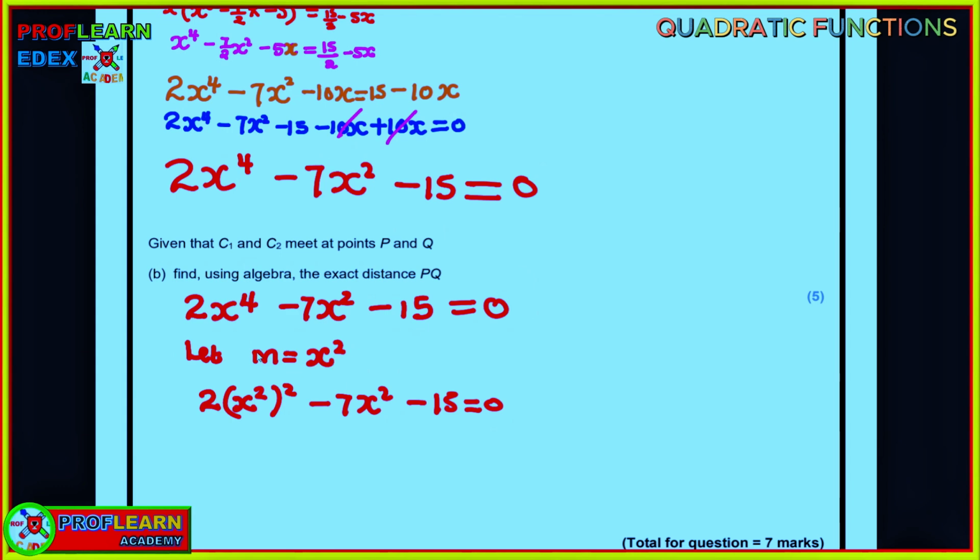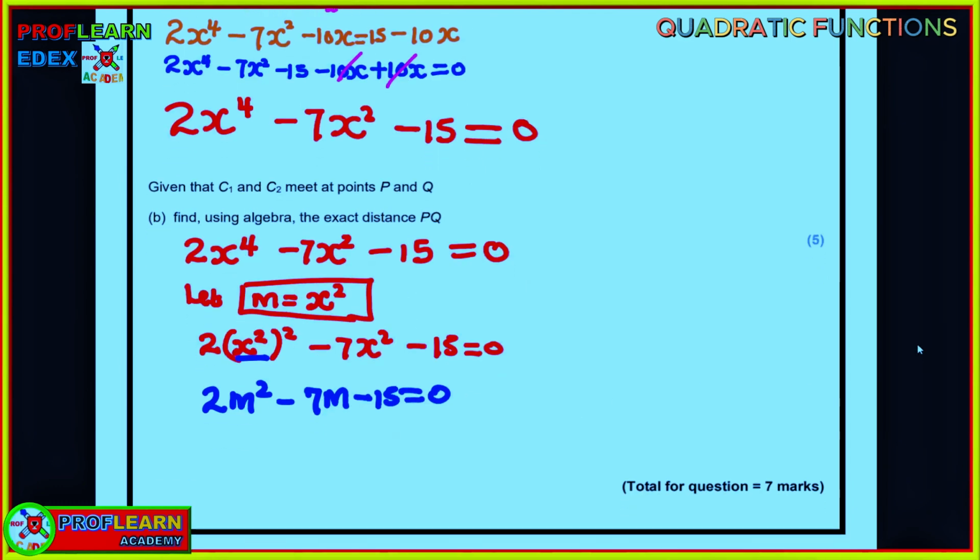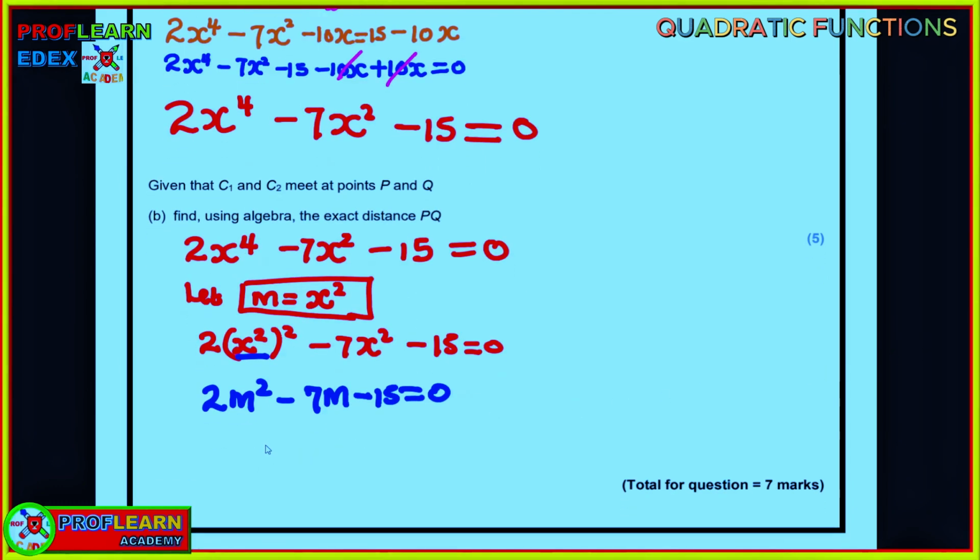Since we have said that x squared is represented by m, our new equation therefore will be 2m squared minus 7m minus 15 is equal to 0.